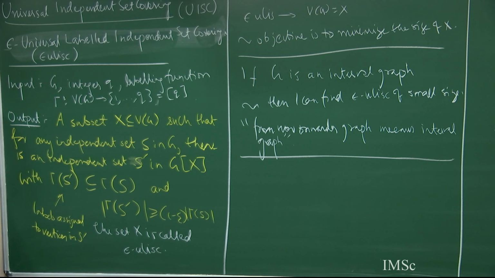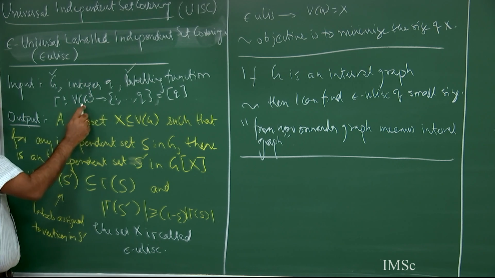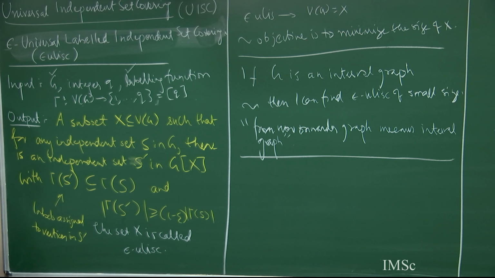You're completely right, if I can find an independent set. But we are not even talking about an algorithm at this point of time. We are just talking about the existence of an object of small size. So forget about algorithms. There is no algorithmic question at this point. How we will compute it is a very intelligent question, but at this point it is just an existential question. If I give you a graph G with any labeling function, I haven't told any labeling function, so given any graph G and any labeling function, the graph has been labeled.